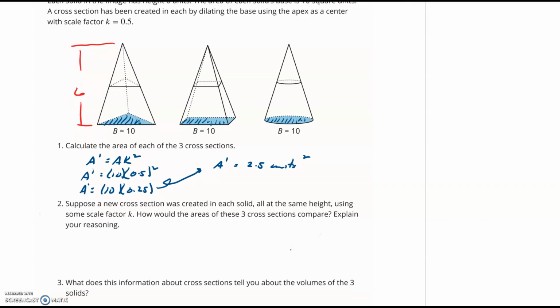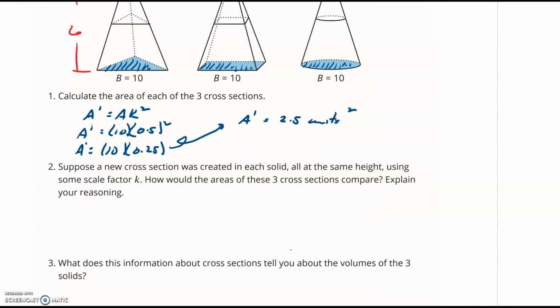Okay, now it says, suppose that a new cross-section was created in each solid, all at the same height using some scale factor k. How would the areas of these 3 cross-sections compare? Well, the areas would all be the same size, because they are all scaled the same.